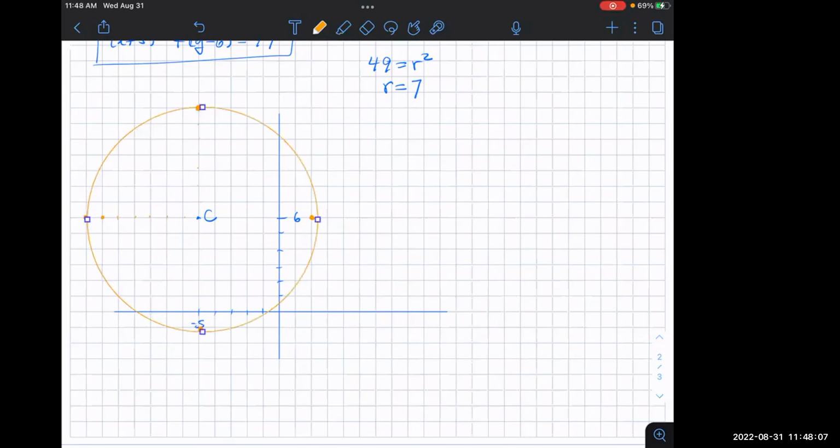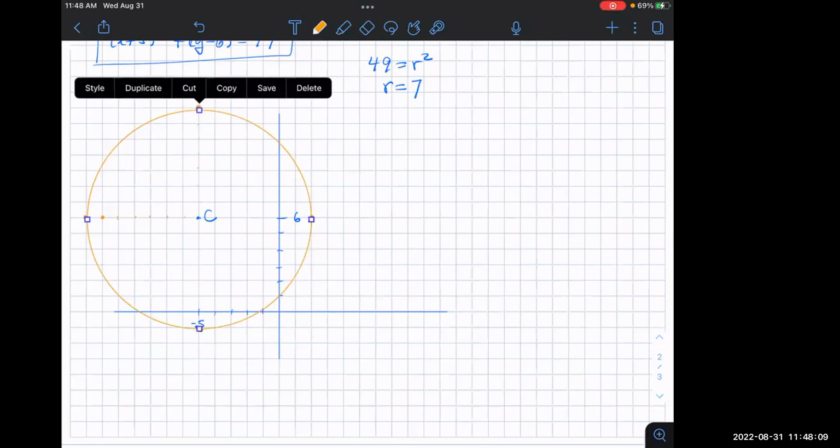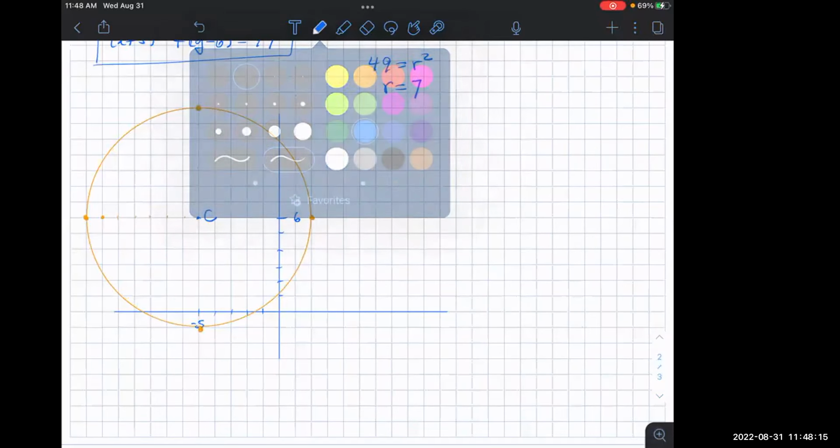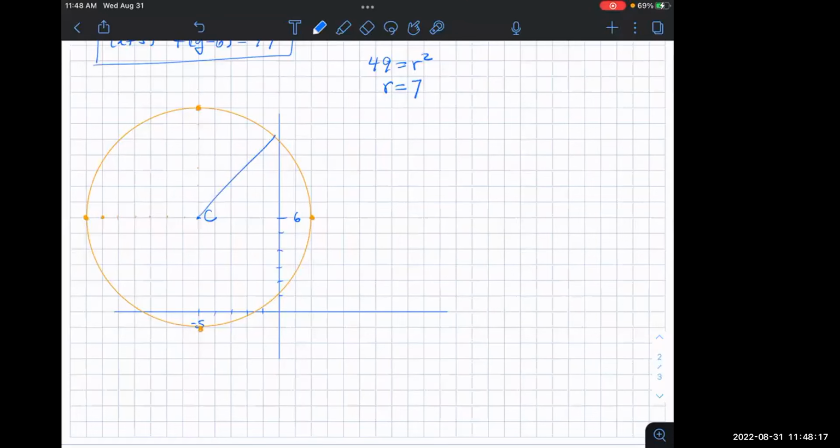Now I'm lucky that it fixes itself. Okay, so there's your circle with radius 7. Now we're looking at the x-intercepts on the x and y axes.